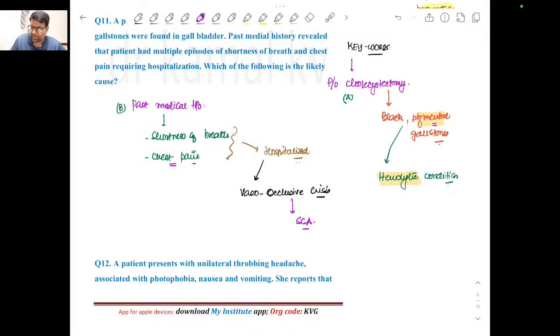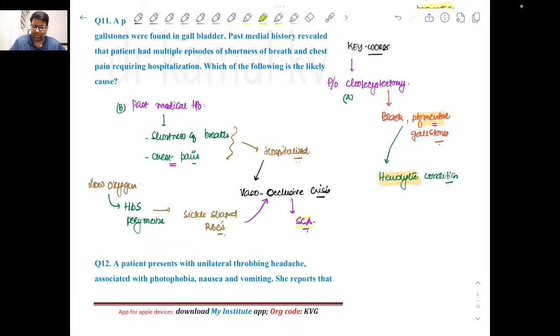Sickle cell anemia. Because whenever there is low oxygen, what will happen? The HbS will polymerize and it will form sickle shaped RBCs, and these RBCs will cause vaso-occlusive crisis, right? So the classical answer is sickle cell anemia.